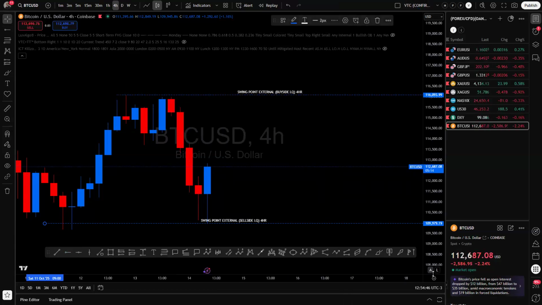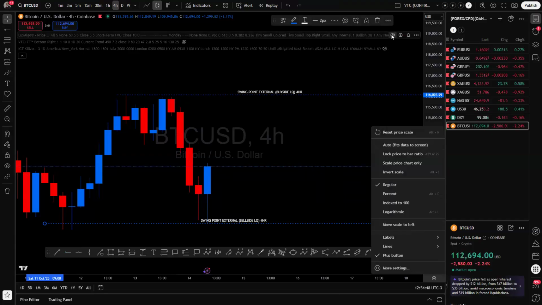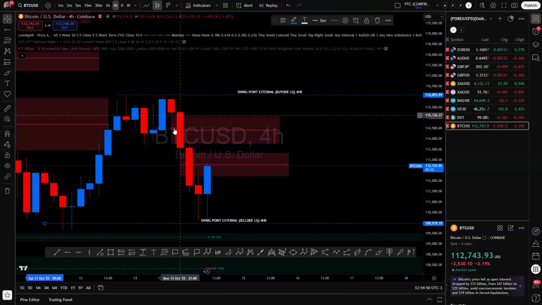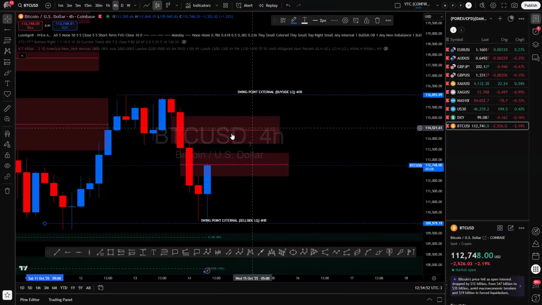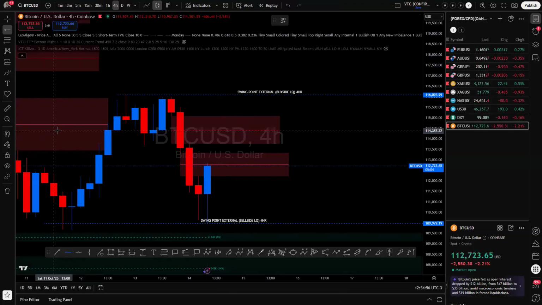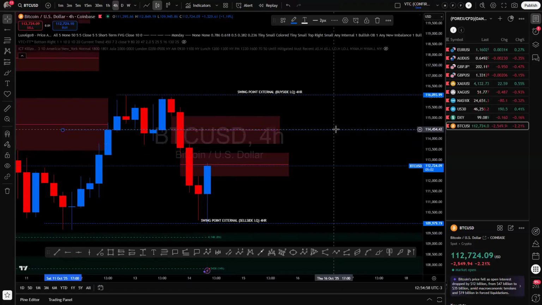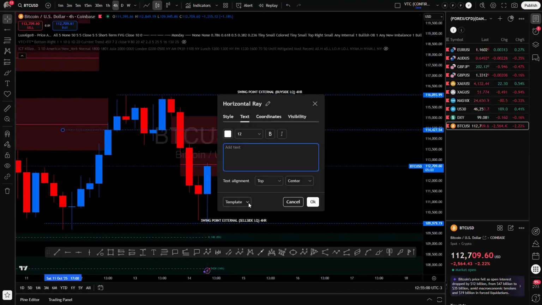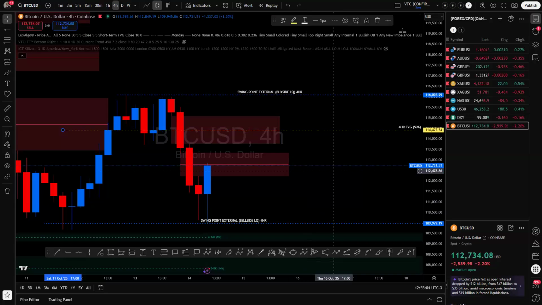And now we want to mark up the most recent fair value gap, which is the 4-hour fair value gap that I would like to mark up here. Let me just mark this up here. And there we go, we have it.